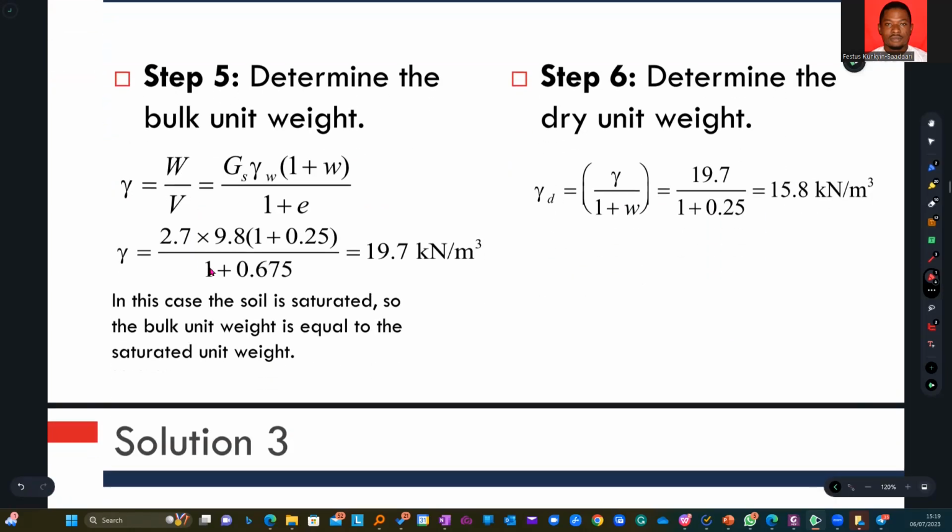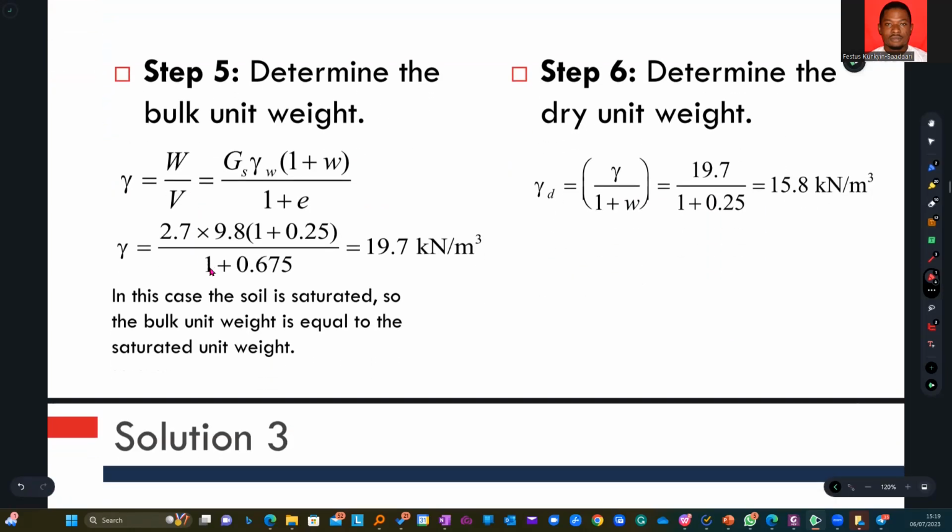Then our next phase is to determine the bulk unit weight. For bulk unit weight, we use gamma equal to, and remember I said that bulk unit weight uses the sample as is for the computation.